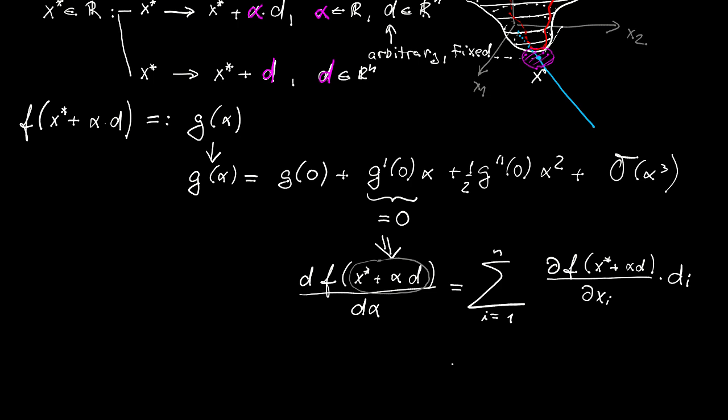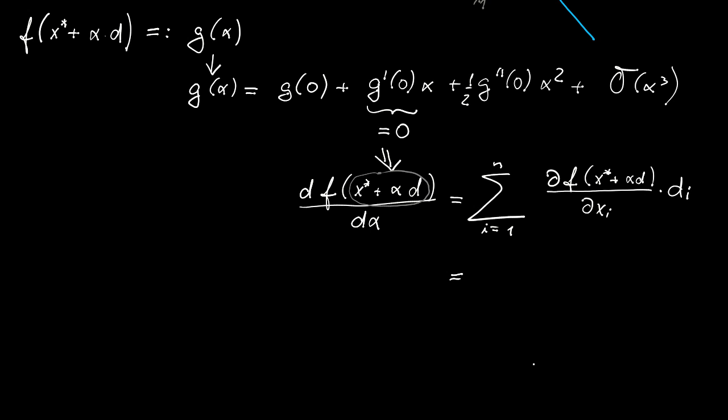Now note that this can also be written in a compact way as nabla f, the gradient of f, and since in our course we will regard a gradient as a column vector, we now have to transpose it and times the d vector.